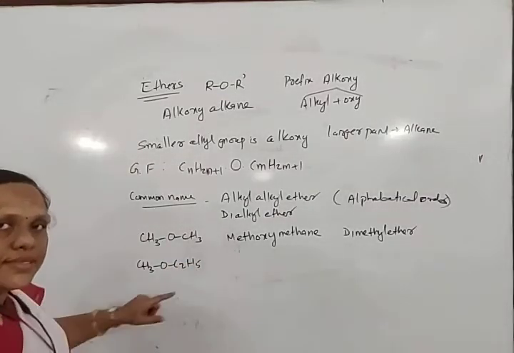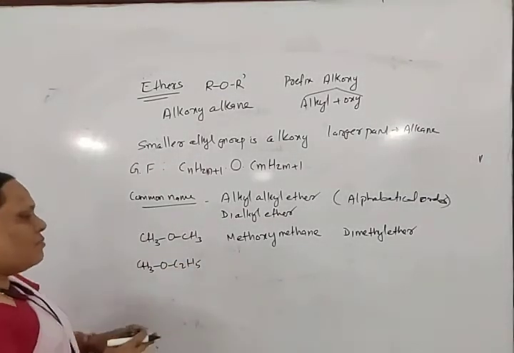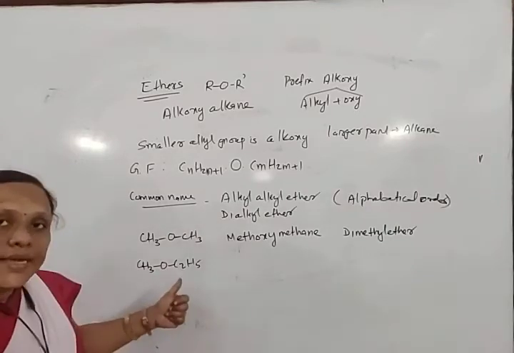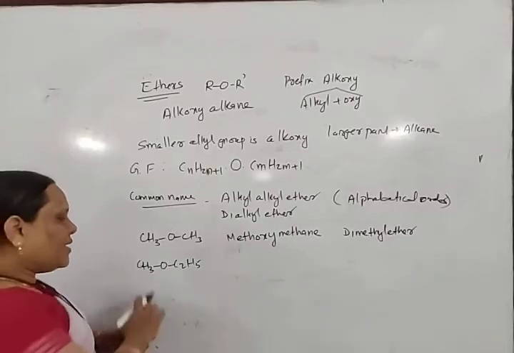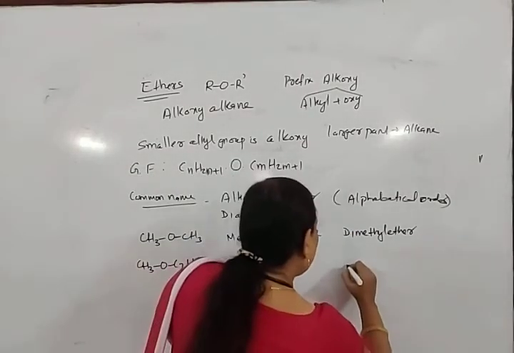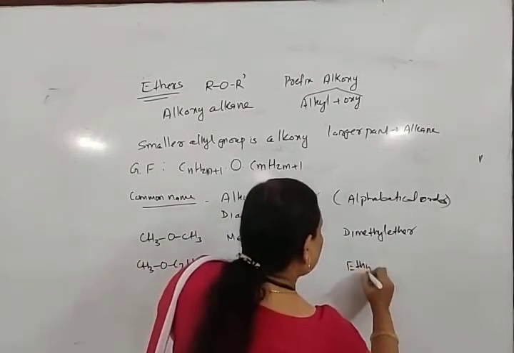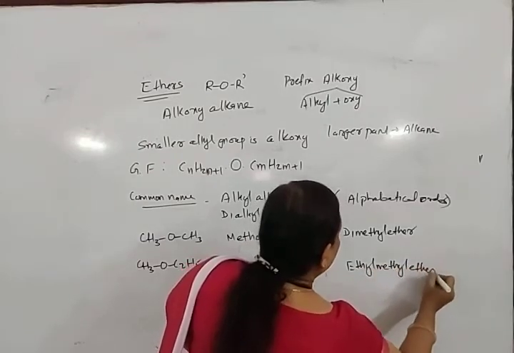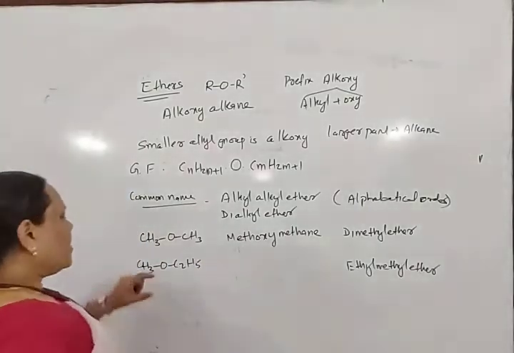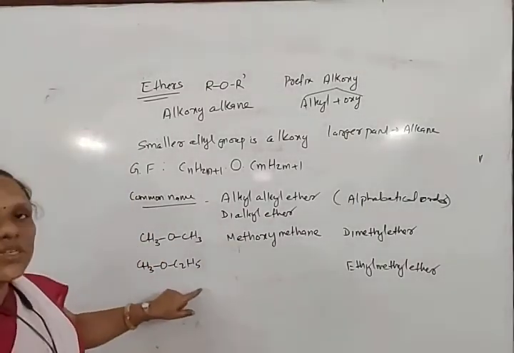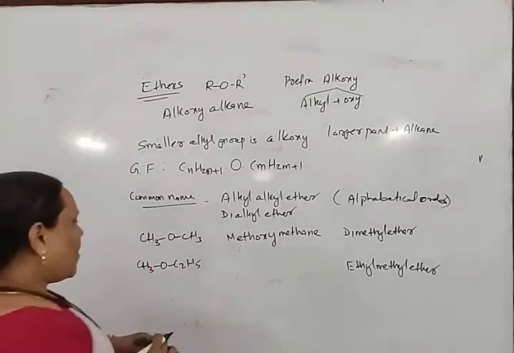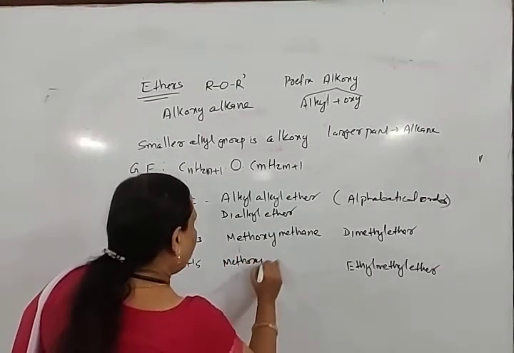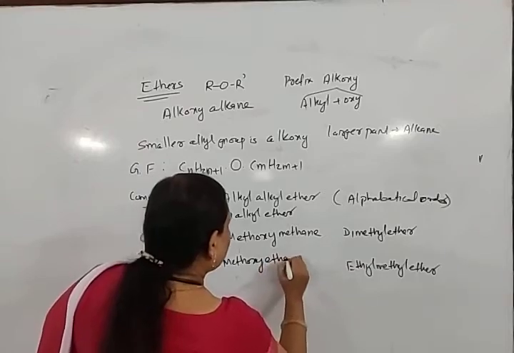Similarly, CH3OC2H5 is there. The name of this compound is, this is methyl and ethyl, but alphabetically E comes first, then M, so the common name is ethyl methyl ether. And in the IUPAC name, the smaller group is alkoxy and the larger group is alkane, so the IUPAC name is methoxyethane.